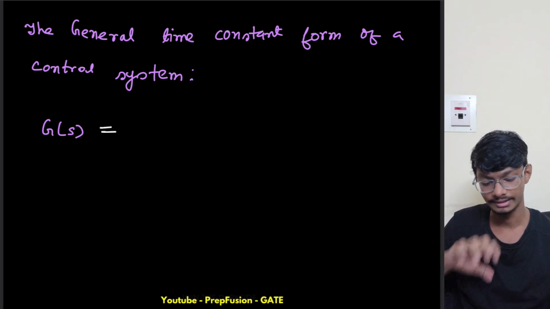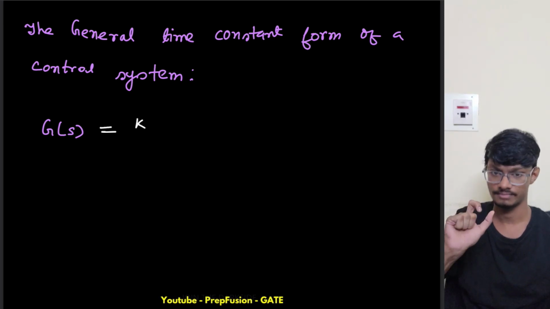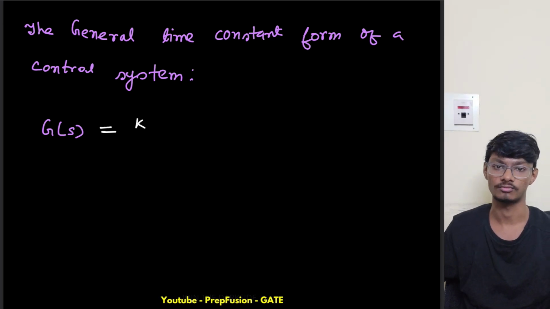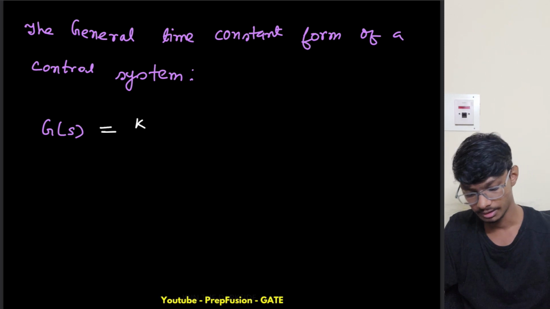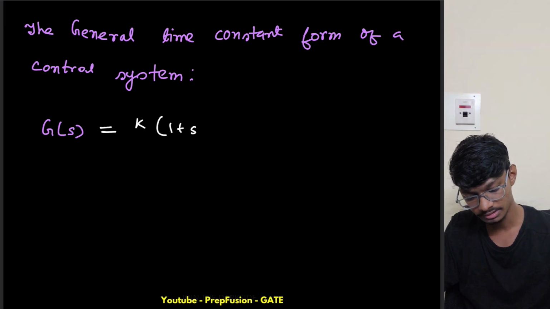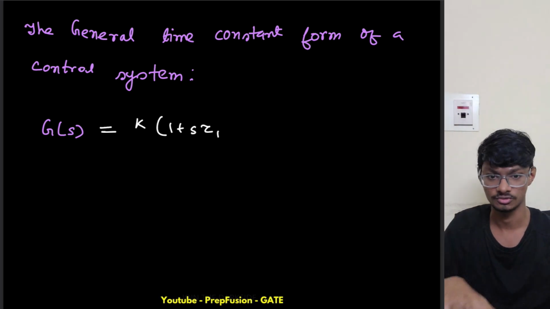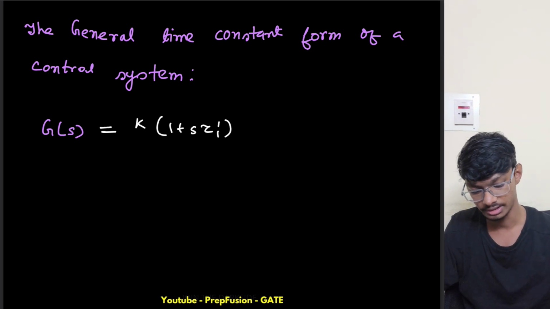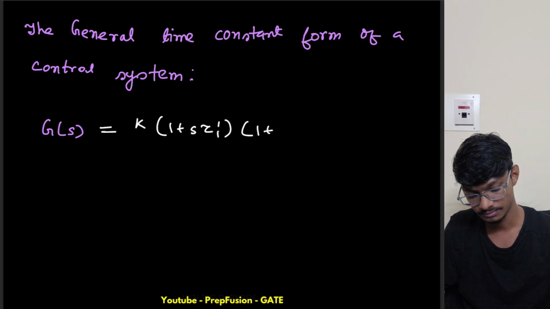G of s I can write as some gain K, that K I wrote in that form, into 1 plus s tau 1 dash into 1 plus s tau 2 dash and so on. This is just a form and terminology, don't need to get into too many details.